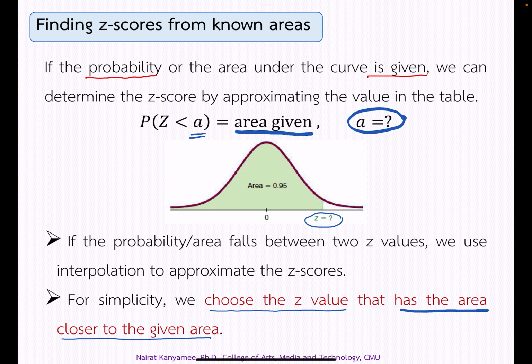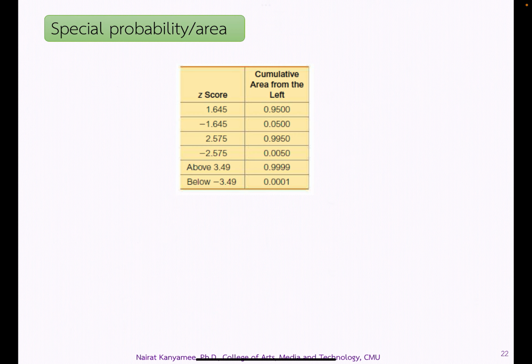Okay, and we also have some common or special probabilities right here, for example, on the bell-shaped curve.